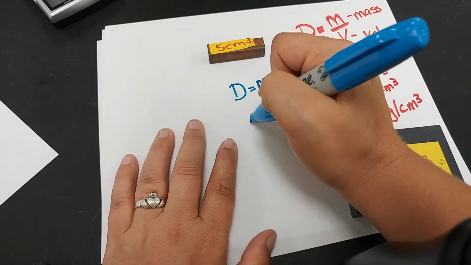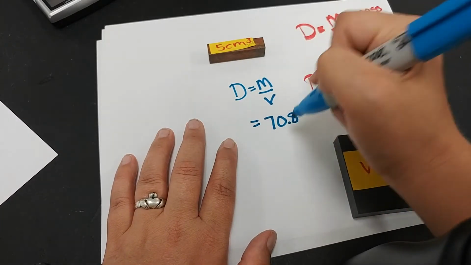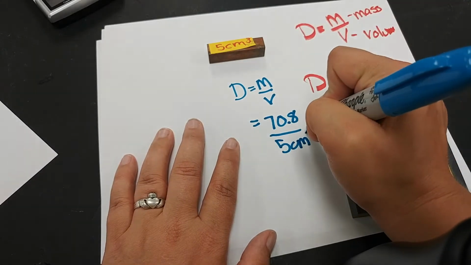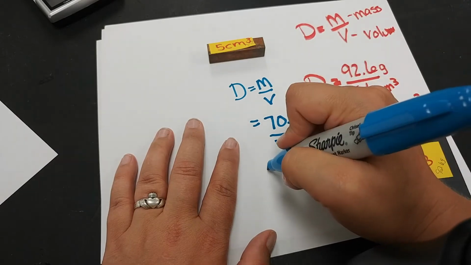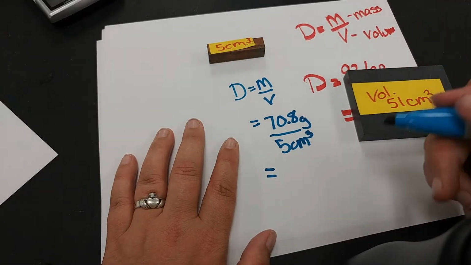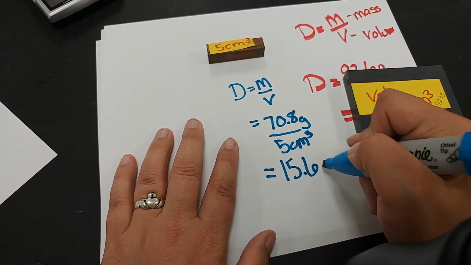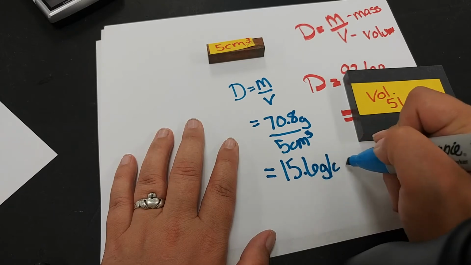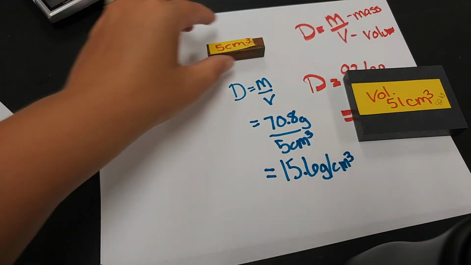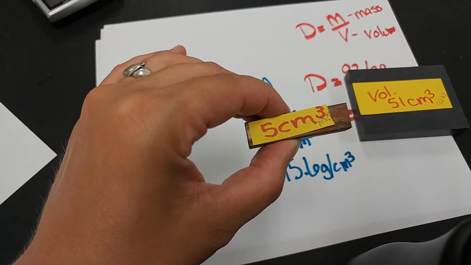So our mass is 70.8 divided by a volume of 5 centimeters cubed for a density of 15.6 grams per centimeter cubed. That's a pretty heavy object. Well, it's copper, brass actually, so it is very heavy.